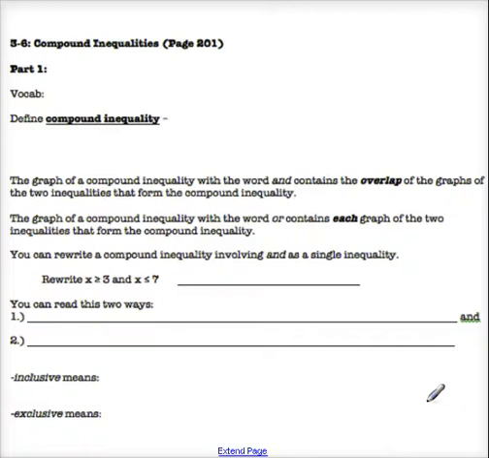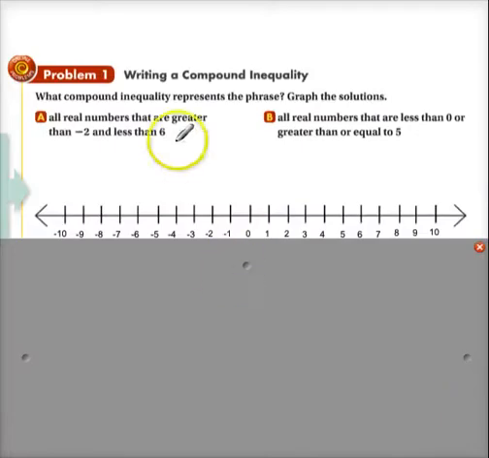First let's try to write compound inequalities. In example A, we want to write a compound inequality for all real numbers, so that would be our variable x, that are greater than -2 and less than 6. I see the word and, so this is an and compound. I'm going to put x in the middle, because we can do that with these ones.